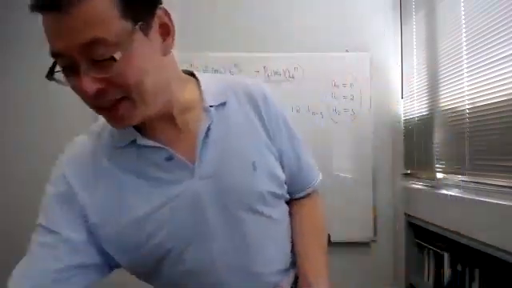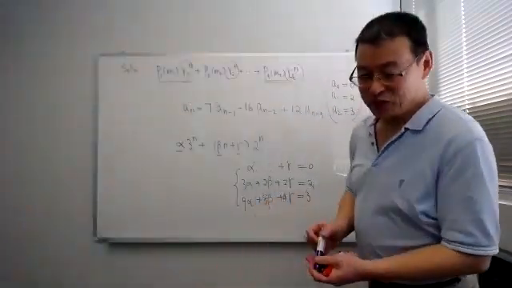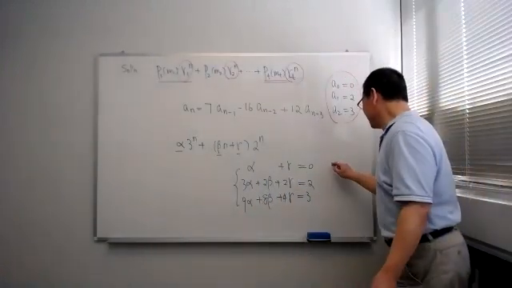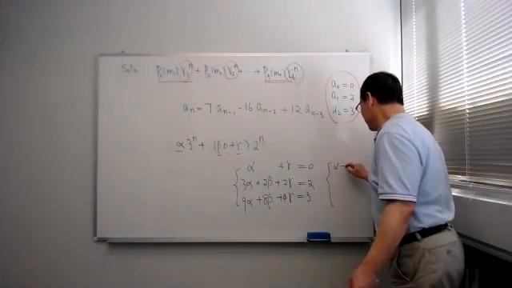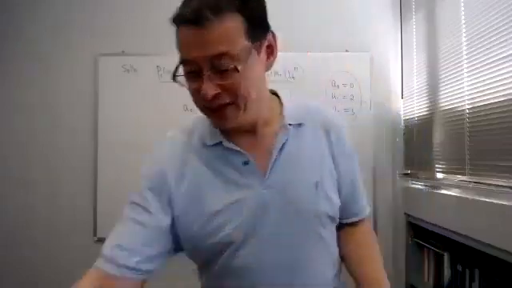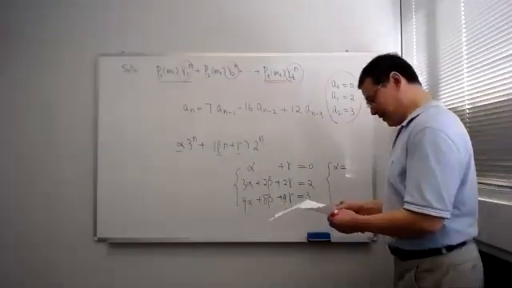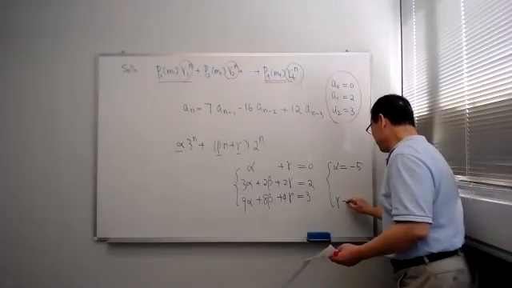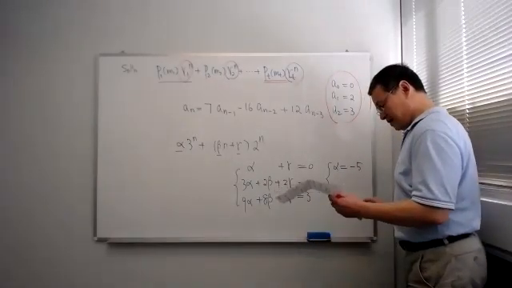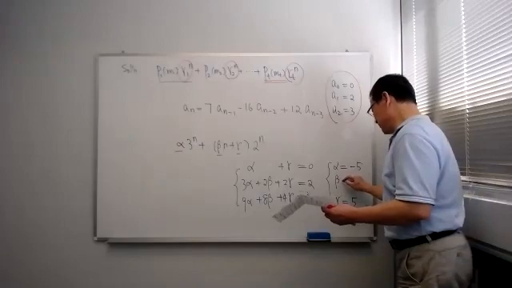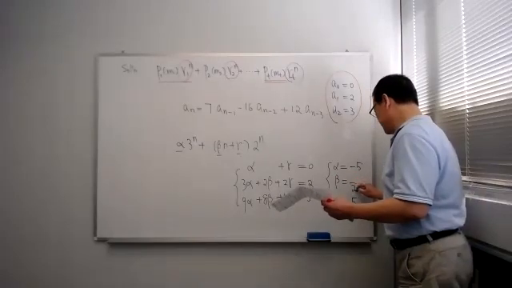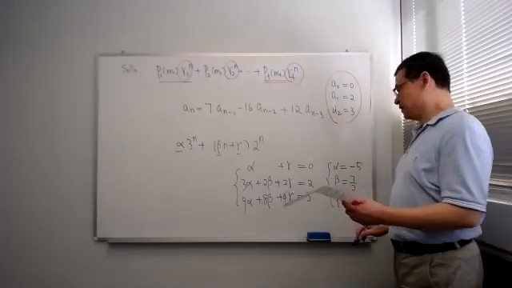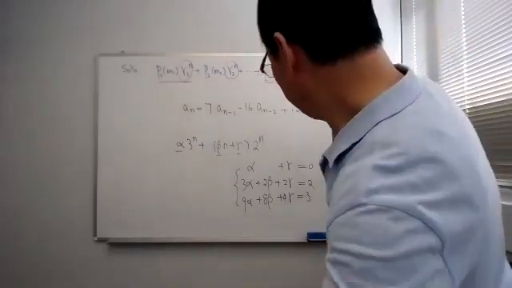So it turns out the solution will be, I just give you the solution. Okay, minus 5. So gamma equals 5. Beta, 2. Okay.